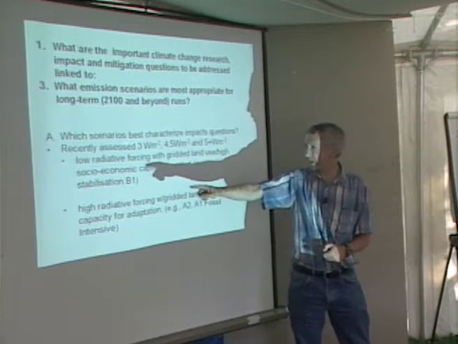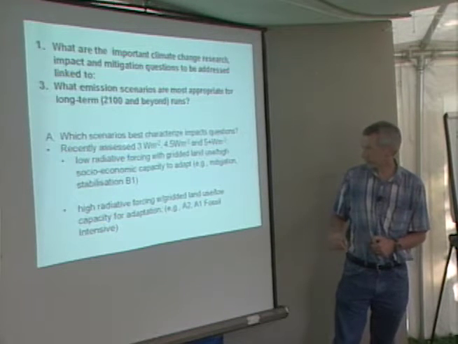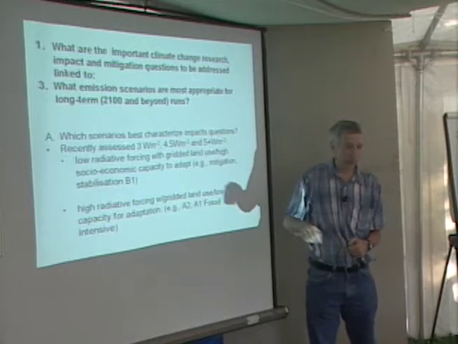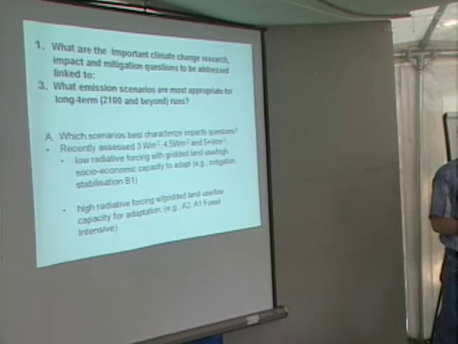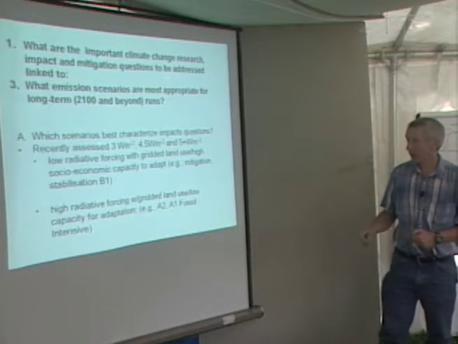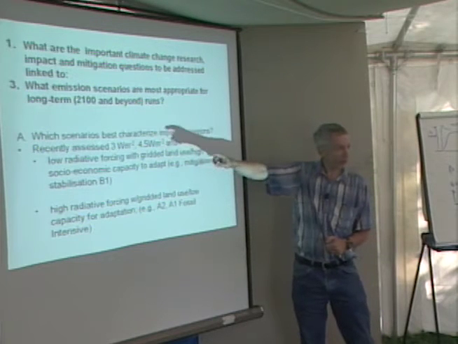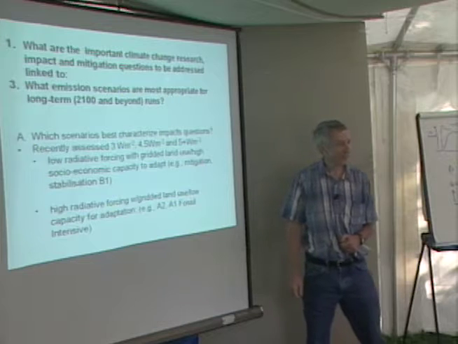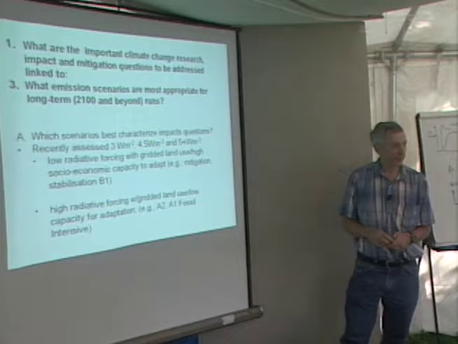One was a low radiative forcing using the gridded land use data, an example being something like a B1 with mitigation, which leads to stabilization. Is there a 3 watt version and a 4.5? Both are possible, but in the group we discussed the 3 watt as an extreme low one.